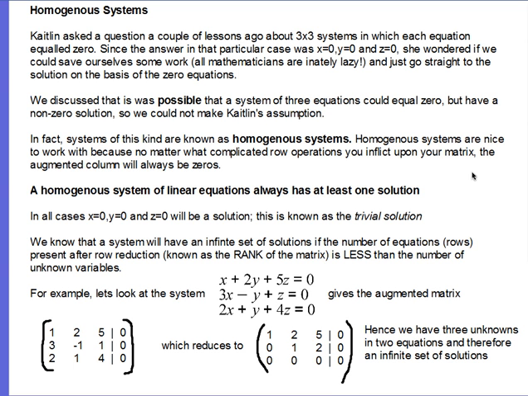Now, we do note that, of course, a homogeneous system of linear equations always has at least one solution, and that is the solution that was referred to: x equals 0, y equals 0, and z equals 0. This is known as the trivial solution.